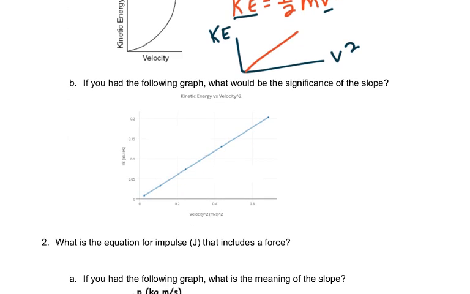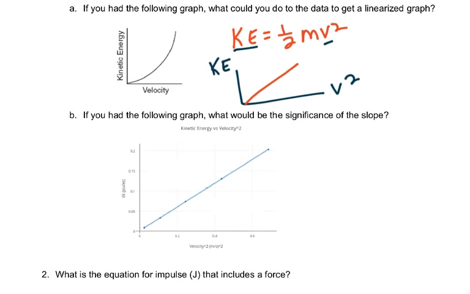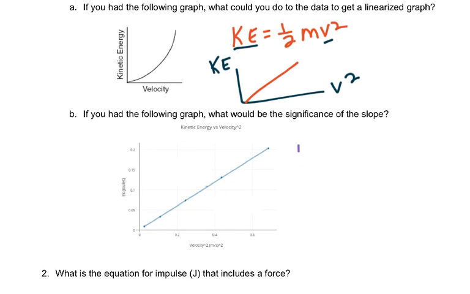The next graph down is that graph. And so again, the equation for kinetic energy is 1/2 mv squared. If this is my y-axis and this is my x-axis, well, everything is in that y equals mx plus b format.